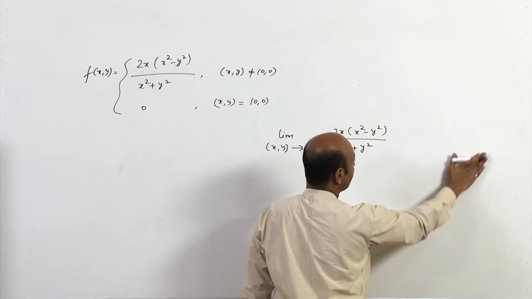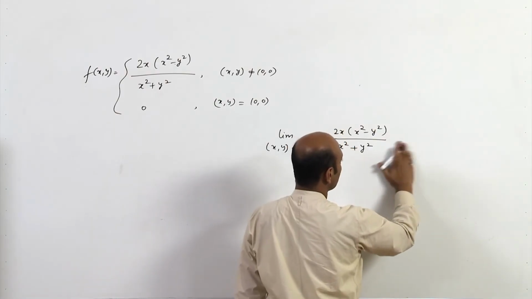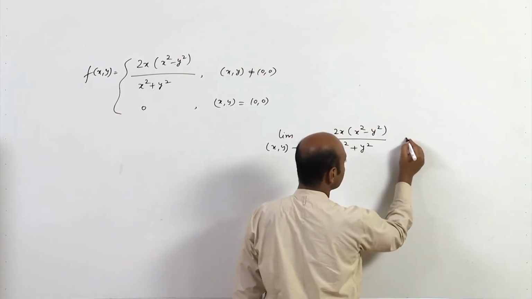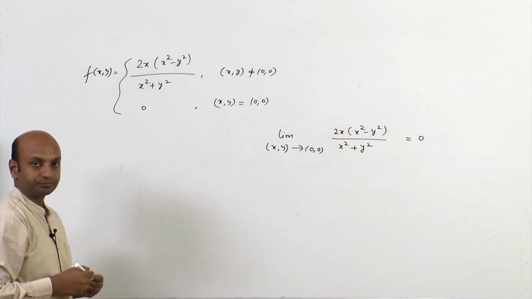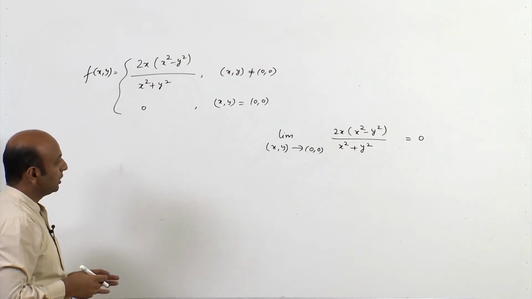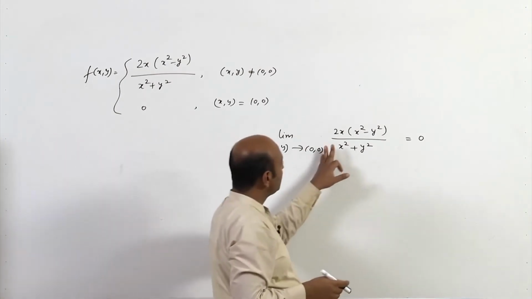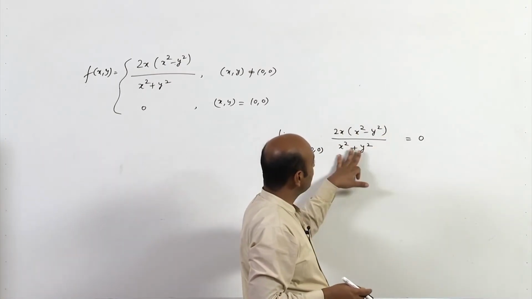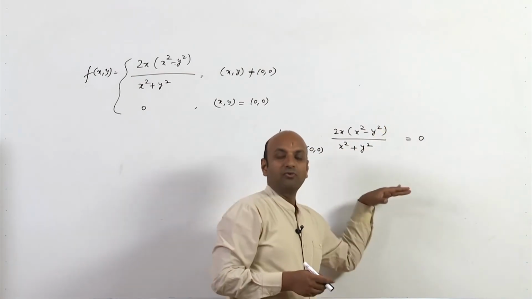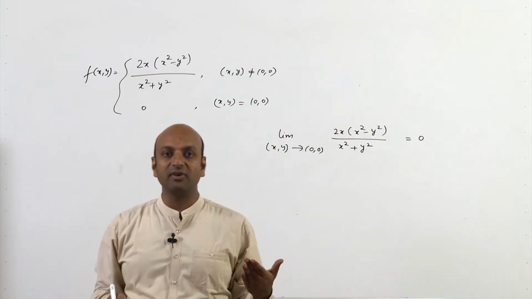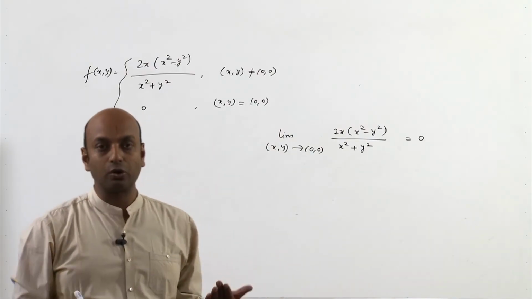Now to check whether this is continuous or not, we have to show that this limit is equal to 0. Okay. Because if we see different paths, the values always come out to be the same, which is 0. So we can check by the delta epsilon definition whether this limit is equal to 0 or not.